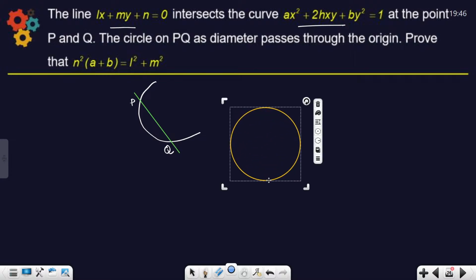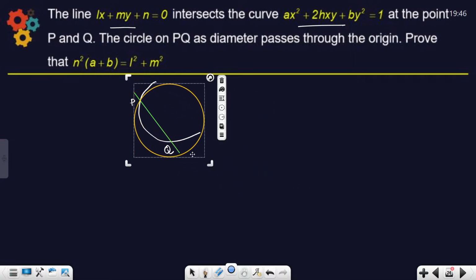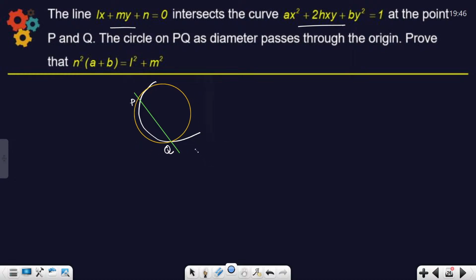Let us say this is the circle. It is passing through these 2 points. So let me just draw it like this. But that will be the diameter, right? Okay, this is the diameter. So this circle has been drawn by taking PQ as a diameter.